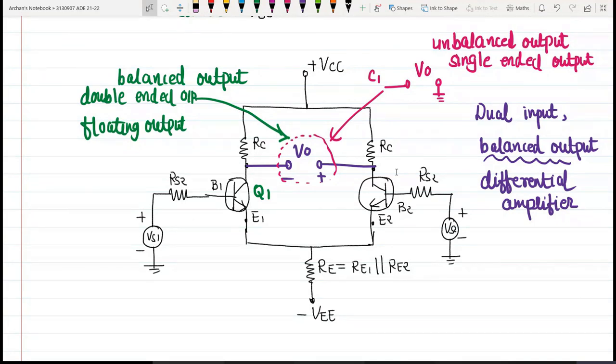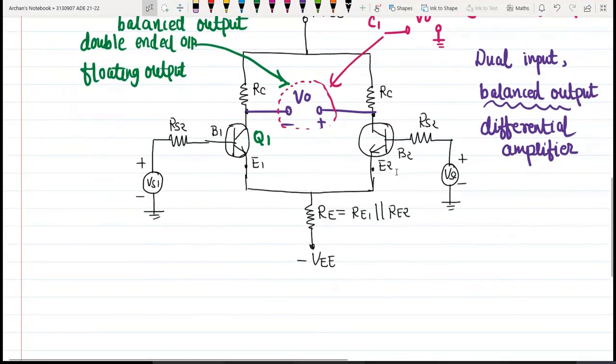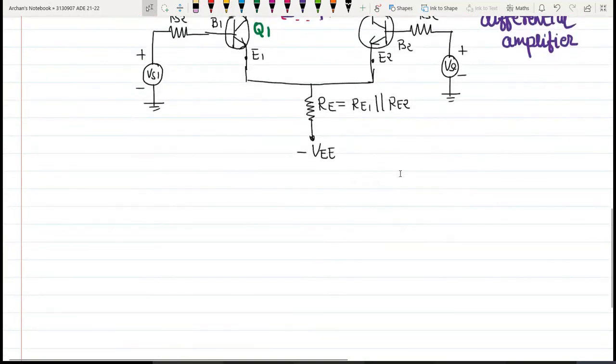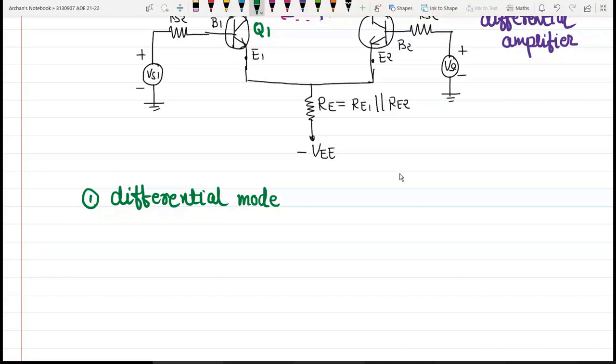Whenever we talk about the operating principle of this particular circuit, this circuit may be operated in two different modes. One is known as differential mode operation, and second is known as common mode operation.